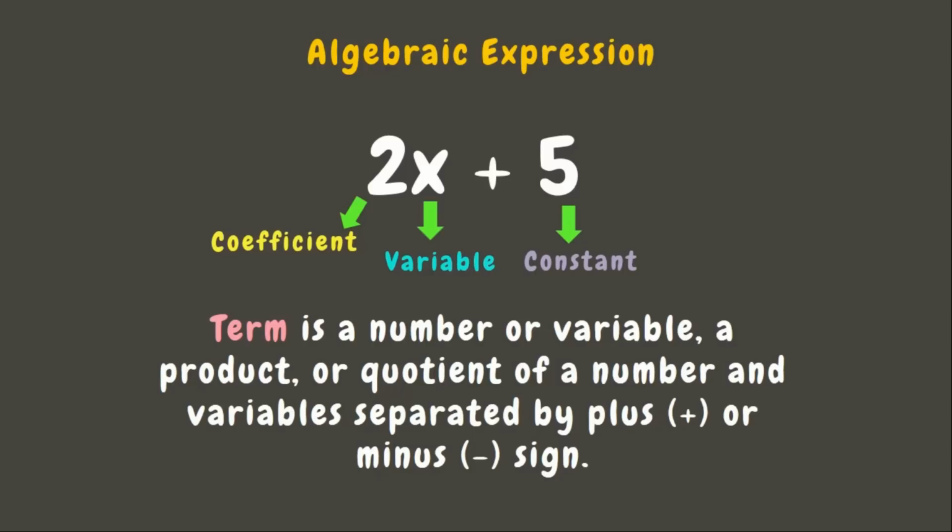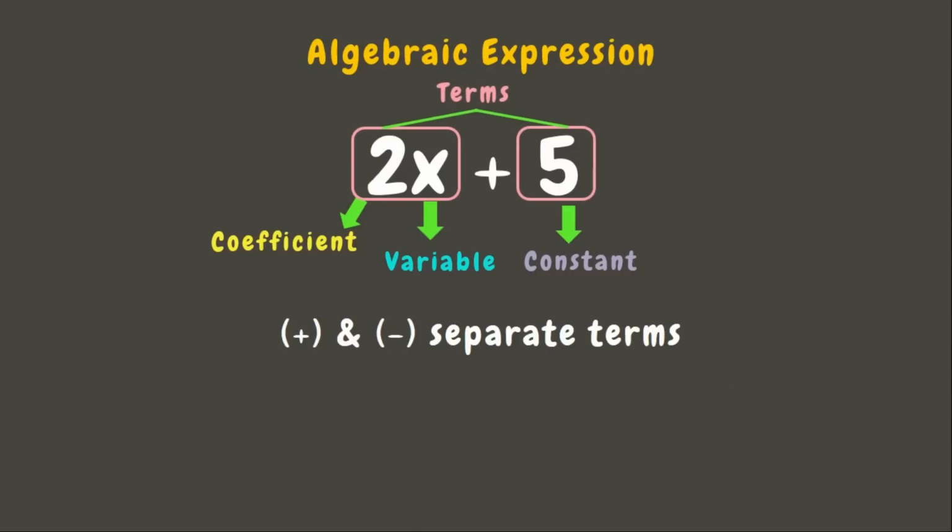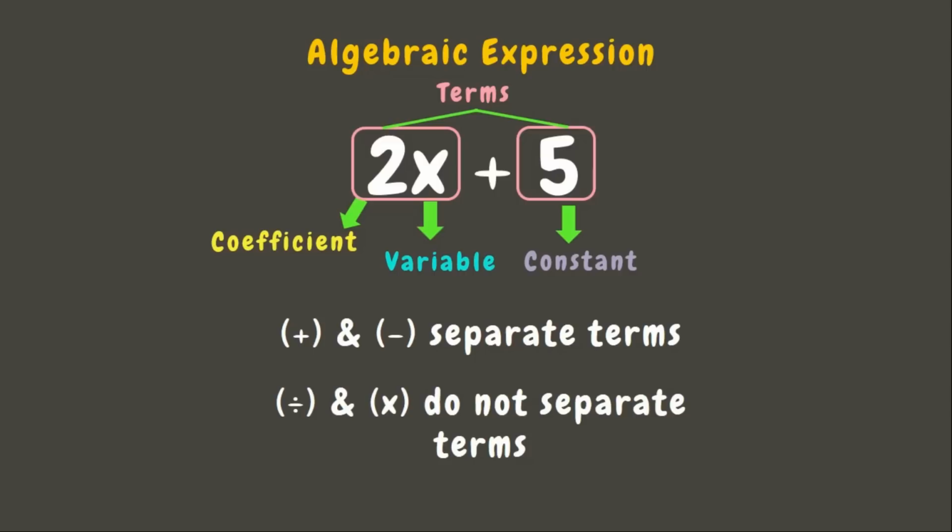Here, in the given example, we have the plus sign, and it separates two terms, which are 2x and 5. Remember that addition and subtraction only separate terms, while division and multiplication do not separate terms.